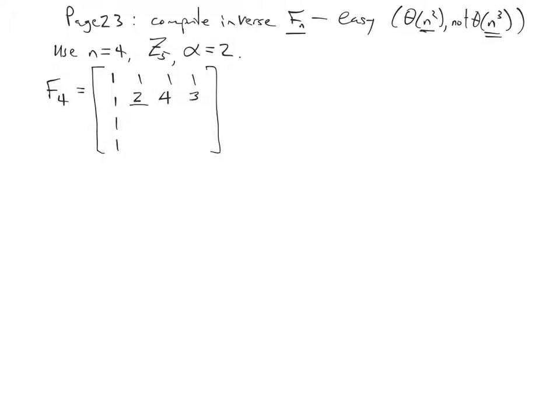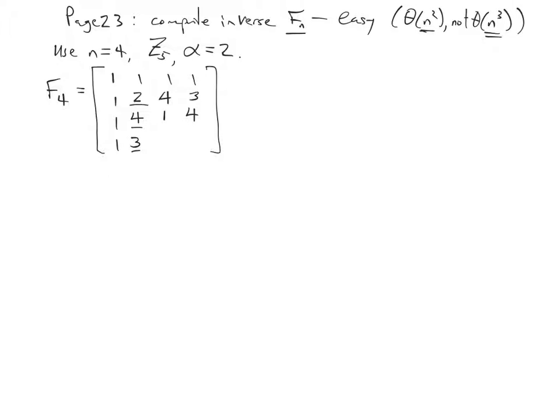Okay, and then because the matrix is symmetric, the same thing goes down the column. And now in this row, we're multiplying by 4. So 4 times 4 is 16, which is 1, and 1 times 4 is 4. And on this row across, we're multiplying by 3.